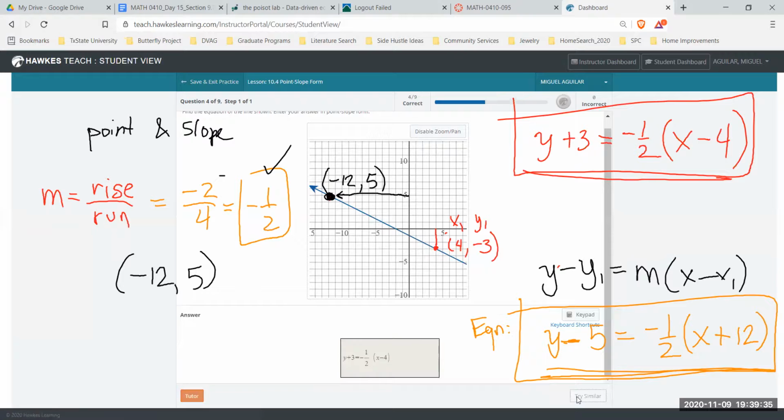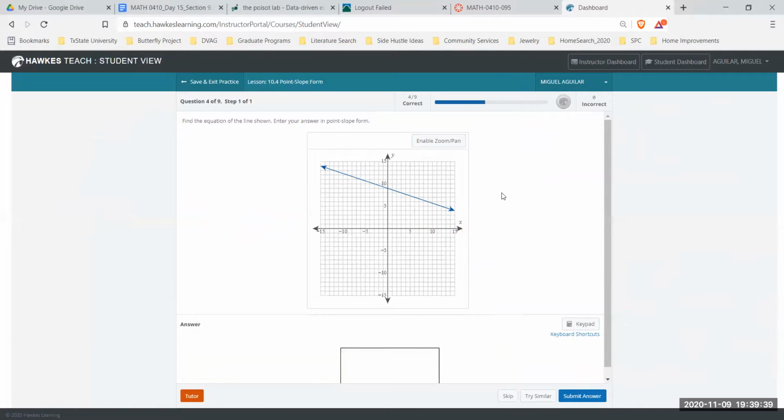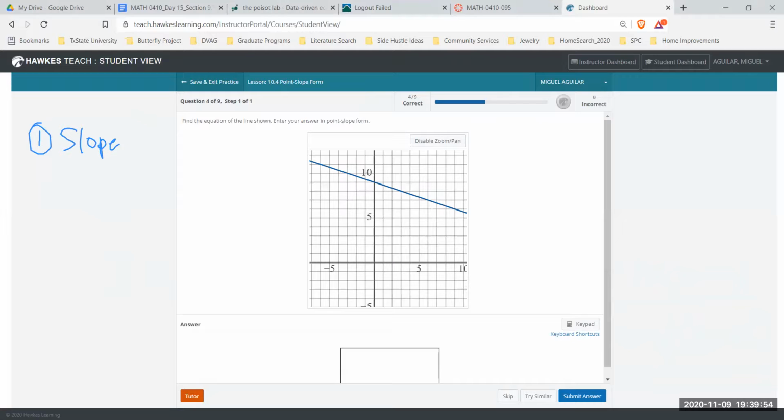So let's do another one just so we can see it all put together. The first thing I want to do is find the slope. And we can zoom in and just sort of measure rise over run. You don't even have to calculate anything. We can say we have a point here, we have another point here.